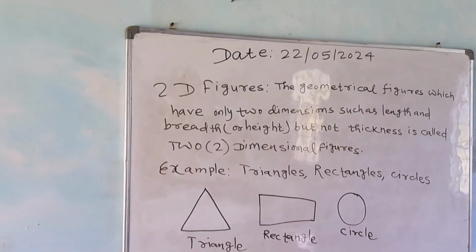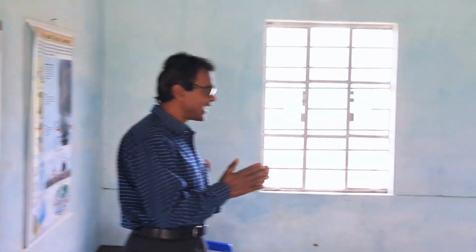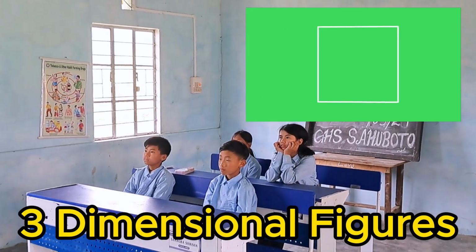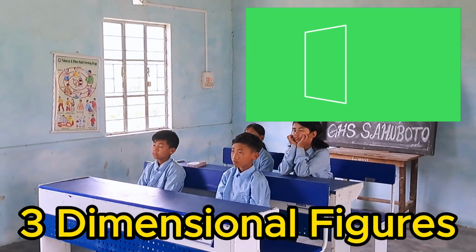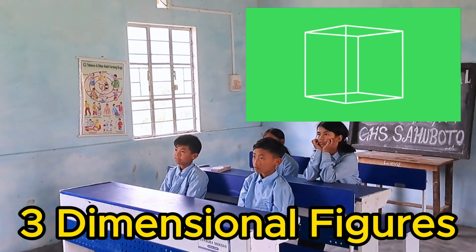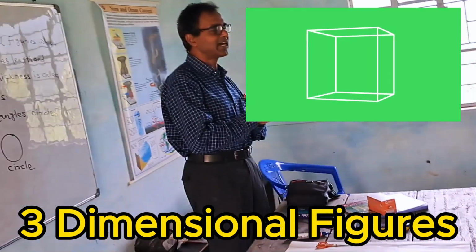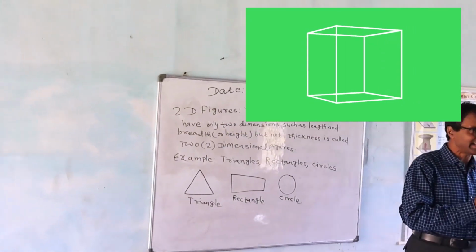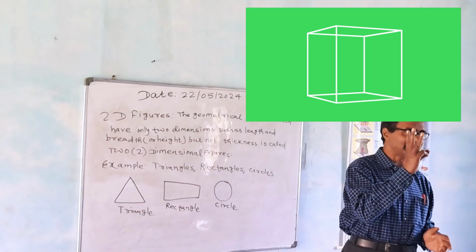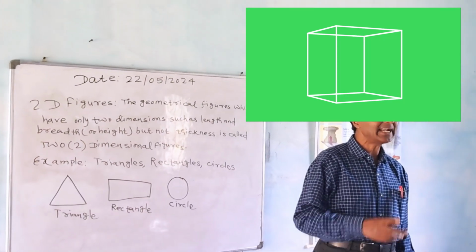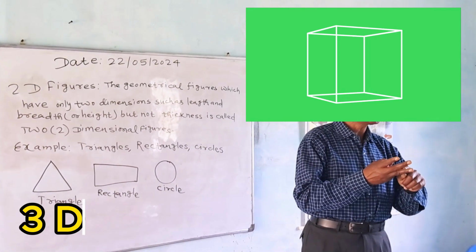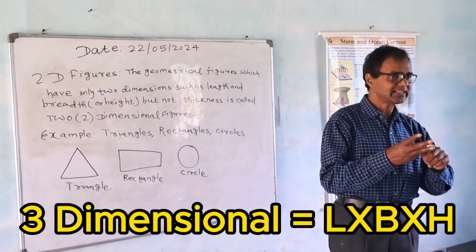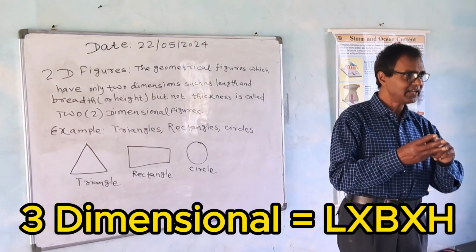Now, I am going to tell you about 3D figures, three-dimensional figures. Three-dimensional figures mean the geometrical figures which have three dimensions: length, breadth, and height.